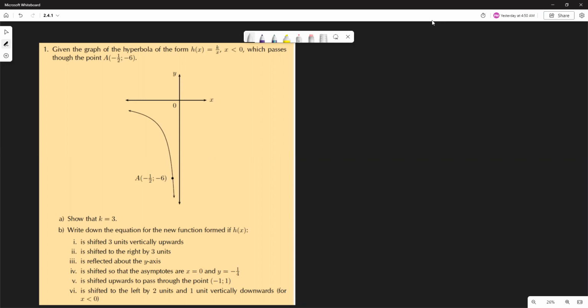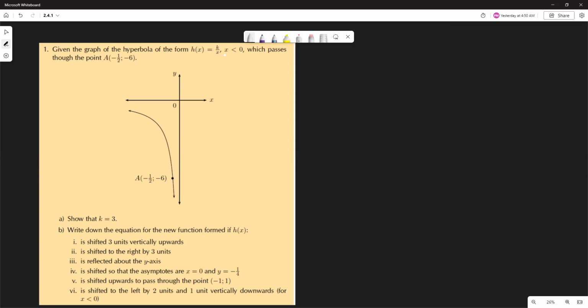In this video, we're going to be looking at the hyperbola. In the question, we are given the hyperbola of the form h of x equals k over x for x less than 0, which passes through the point A (-1/2, -6). From the sketch, we can also see they showed us the point here.